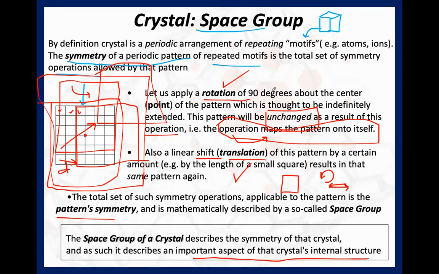Some crystal space groups have only rotational symmetry, whereas some can have only translational symmetry. But some crystal space groups can have both types of symmetries, like cubic systems. So this is also important when you consider symmetries.